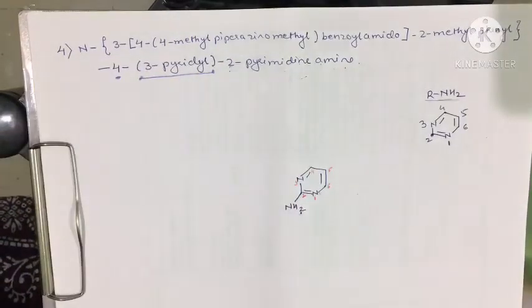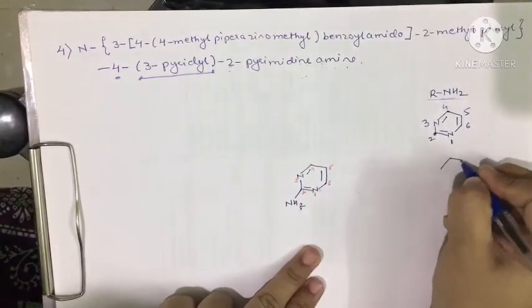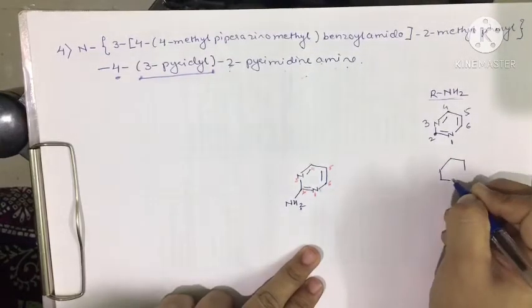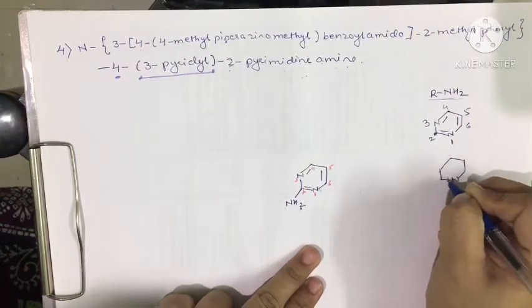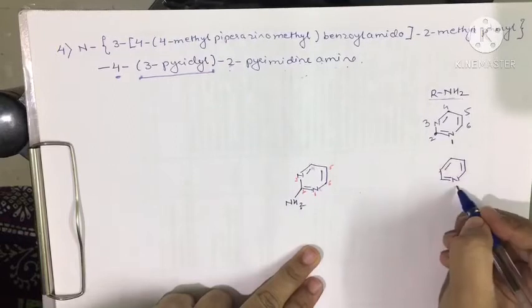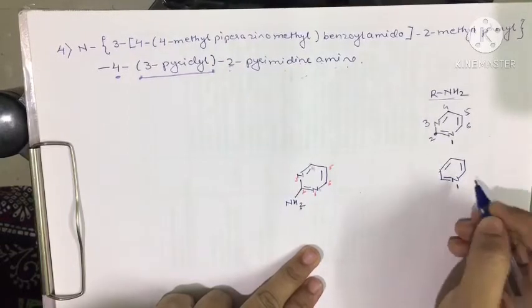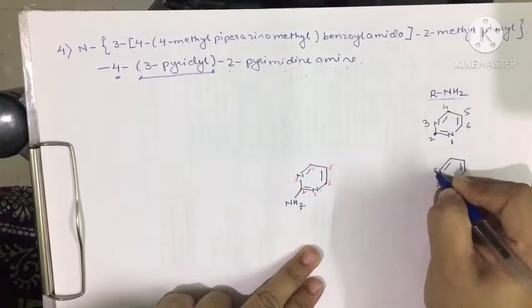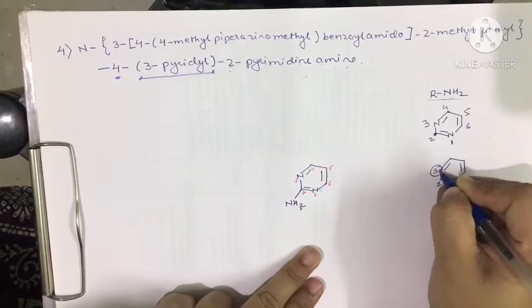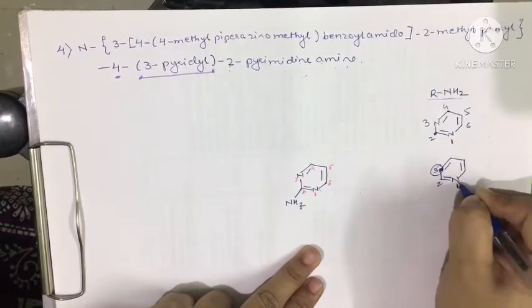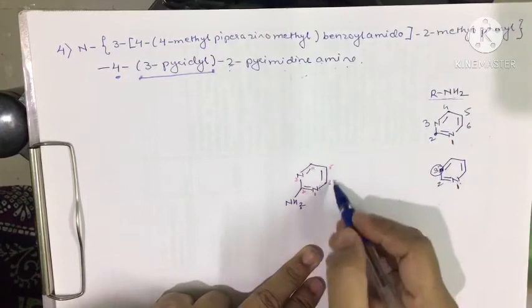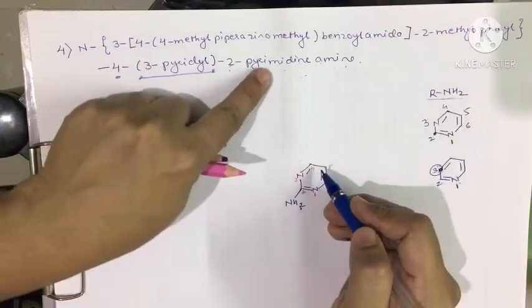Now what is 3-pyridyl? This is the heterocycle pyridine, and we always start numbering from the heteroatom. So it is 1, 2, 3. So this is the 3rd position. Now this 3rd position of pyridine is attached to the 4th position of our nucleus.